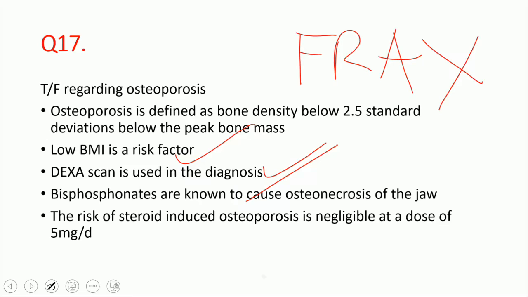So if you suppress it for a long time, it can also cause trouble. So remember that a little. They are called atypical fractures, usually of the femur. And also you know that bisphosphonates can cause esophagogastric erosions.